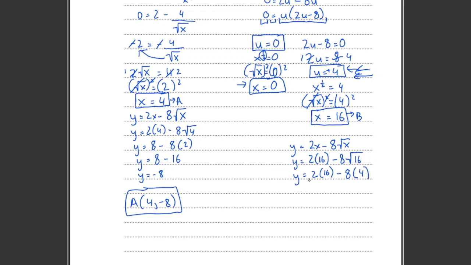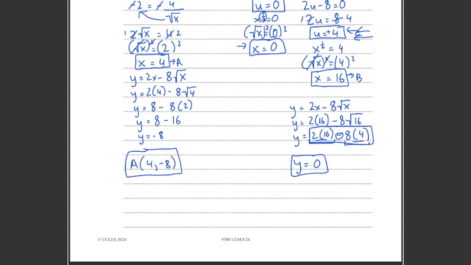These two things are equal to each other, so when I subtract them I get 0. If you don't believe me, you can do this on your calculator. So my y coordinate is 0, and so B has coordinates (16, 0).